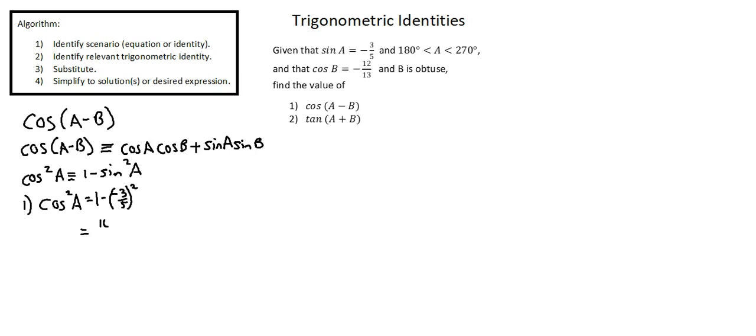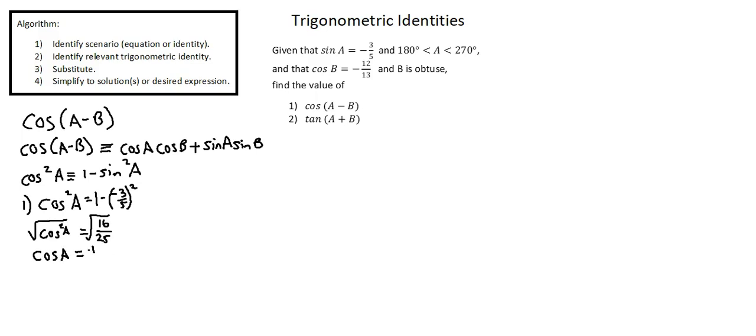And now, in order to get cosine of A, we'll take the square root of both sides. On the left, we have cosine of A equals, and on the right we have plus or minus, the square root of 16 is 4, and the square root of 25 is 5.